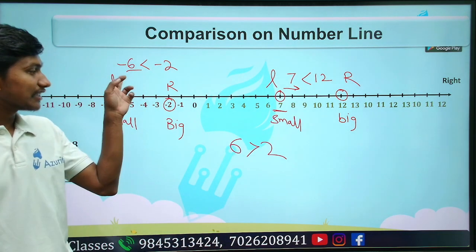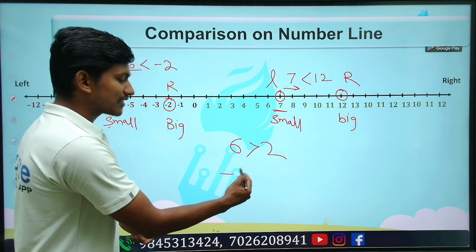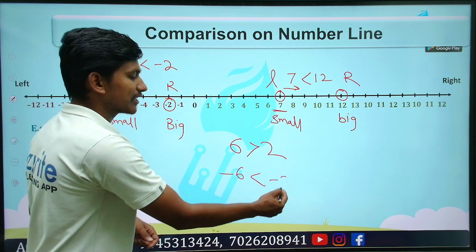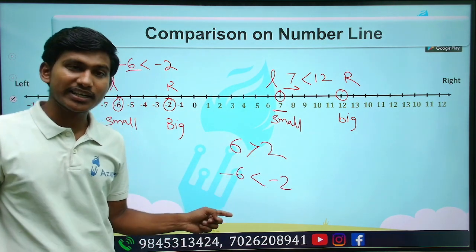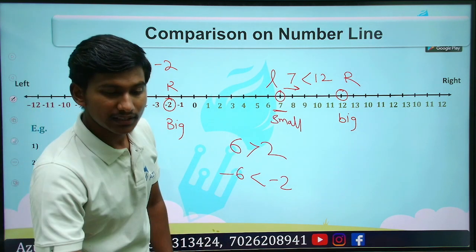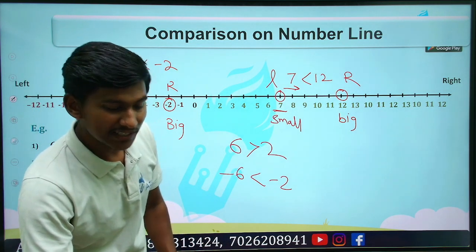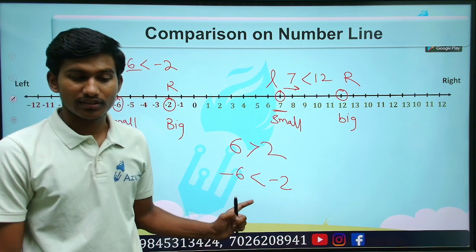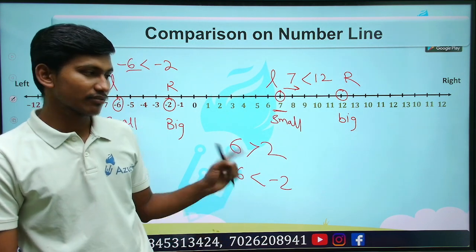But in the minus, minus 6 is smaller than minus 2. It will be reverse. Understand? Good, so remember this. In the minus it will be reverse.